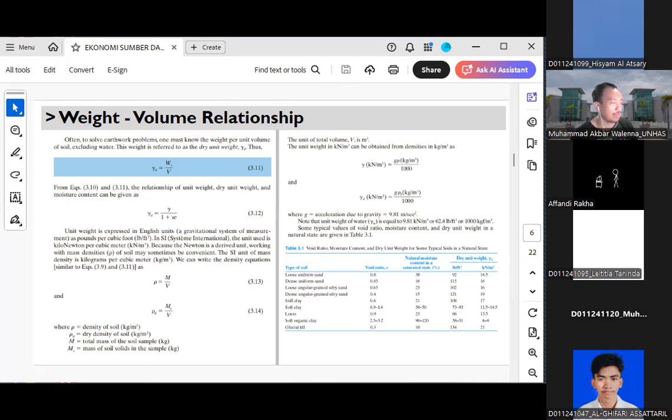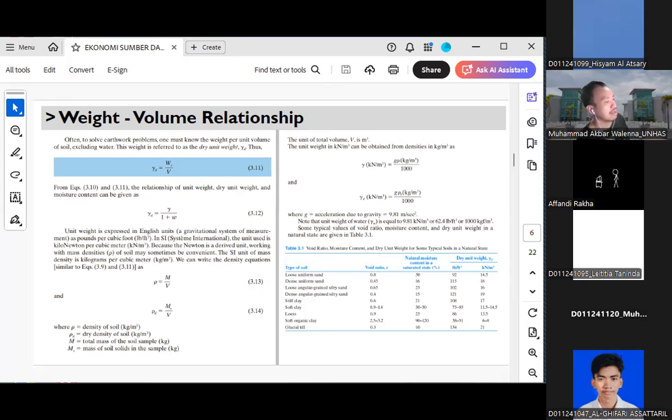the dry unit weight is that the unit weight equates with weight per volume, and density equates to mass per volume. Okay, so what is the commonality here is that they are related by gravity, right?